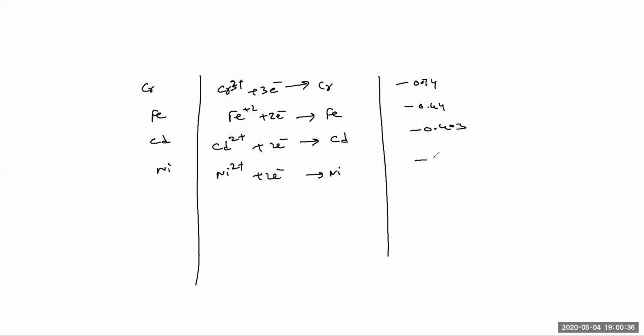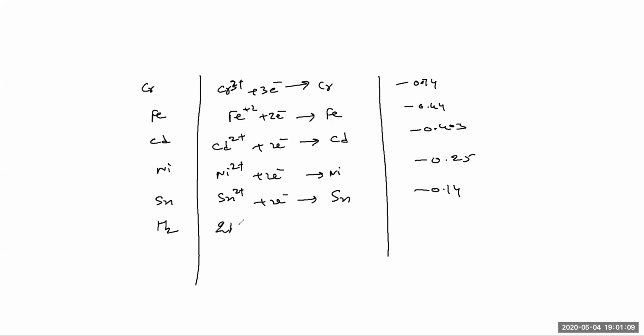So minus 0.25. After nickel, tin, Sn. Sn 2 plus, 2 electrons gives rise to Sn, minus 0.14.